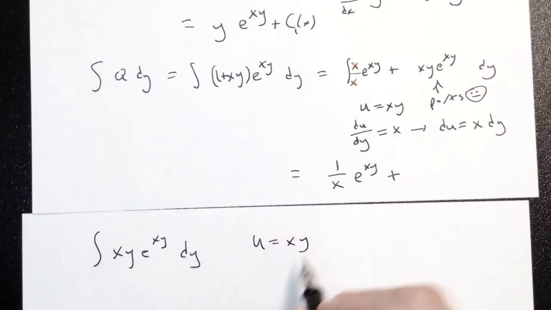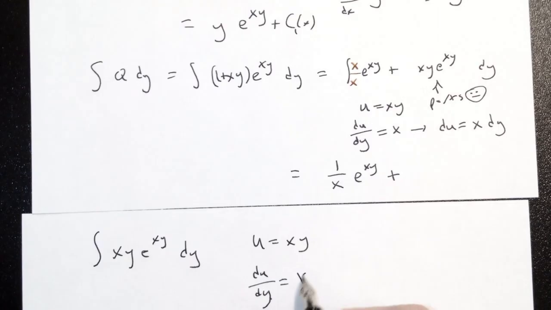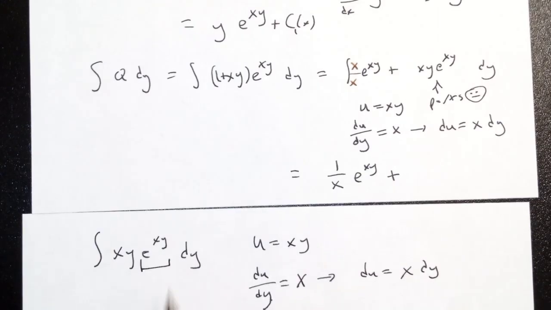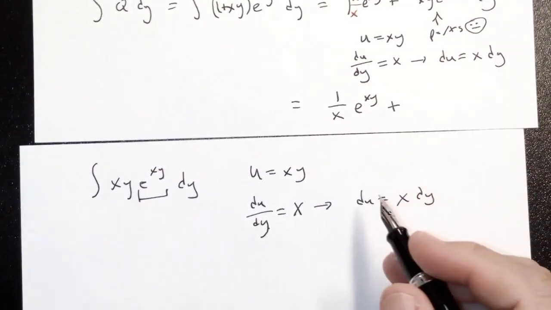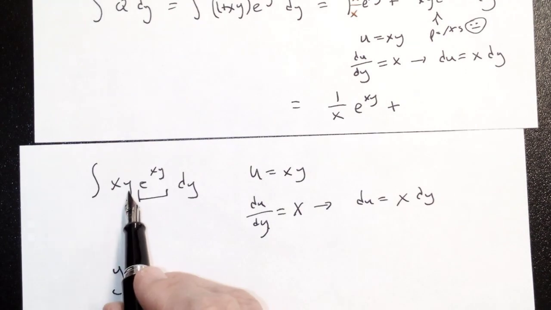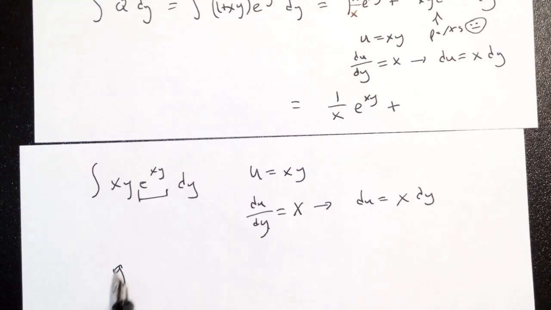u equals xy, du dy equals x, du equals x dy. That's how I deal with this part. Oh, wait a minute, let me do this like this.